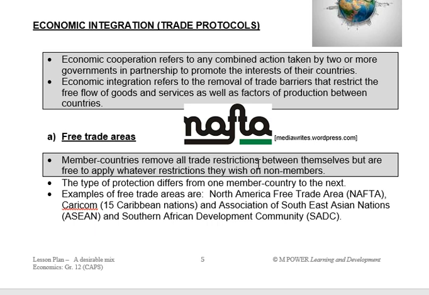So if there's a free trade area between South Africa and America, for example, that means that goods and services can flow freely between South Africa and America without any restrictions, no customs duties, no quotas, no sanctions, nothing. Goods and services flow freely between us because we have a free trade agreement.